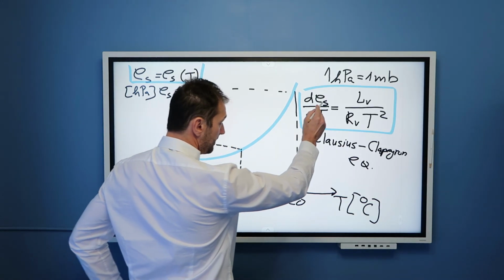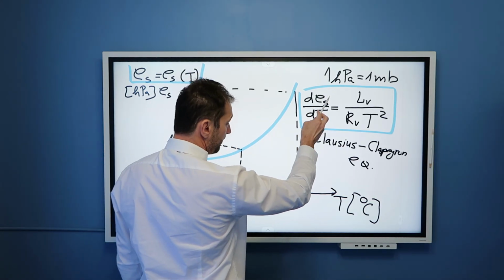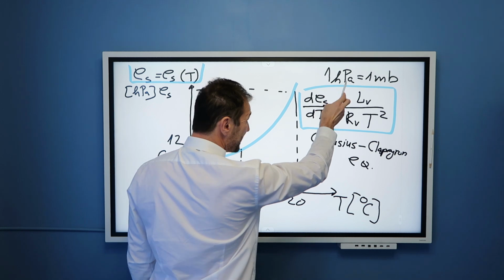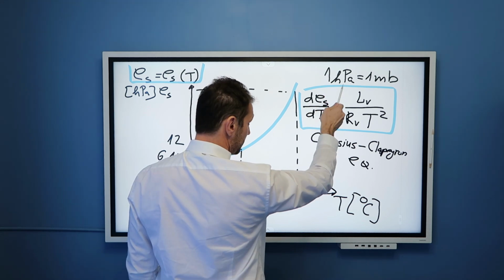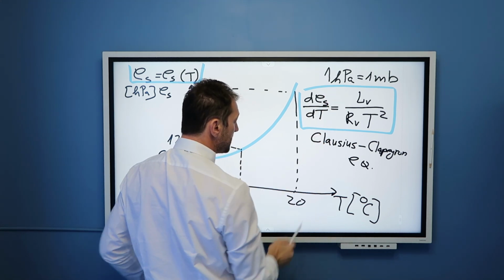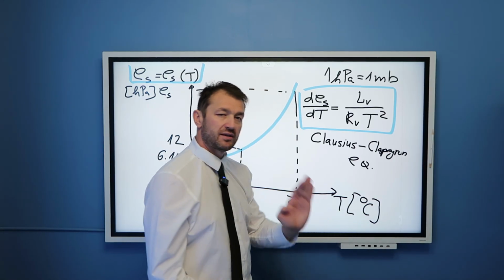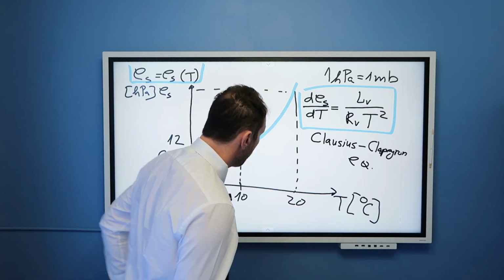Please keep in mind that in this equation, ES is in pascals, not hectopascals, and temperature T is not in Celsius but in kelvins, if you want to use it.